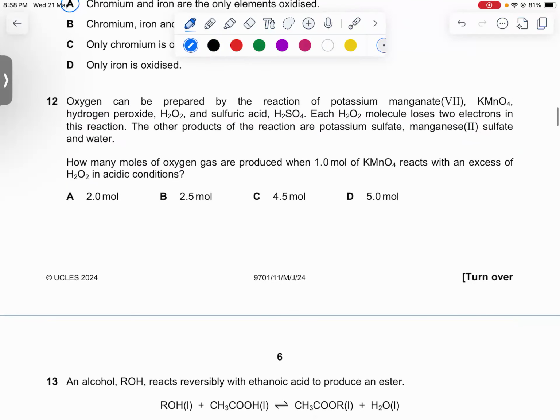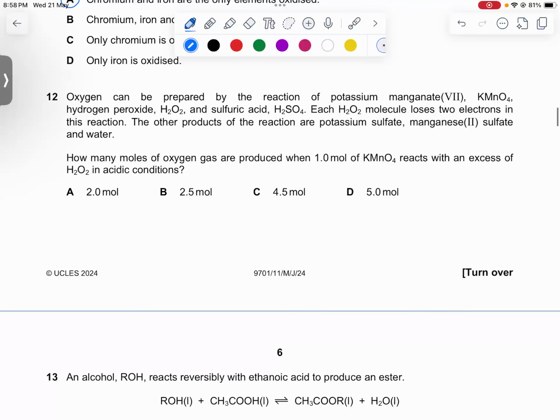The equation is that hydrogen peroxide is reacting with KMnO4 in the presence of sulfuric acid. So let's write H2O2 plus KMnO4 plus H2SO4. And it has told us the products. Oxygen is prepared, and along with that, other products are potassium sulfate, manganese(II) sulfate, and water.